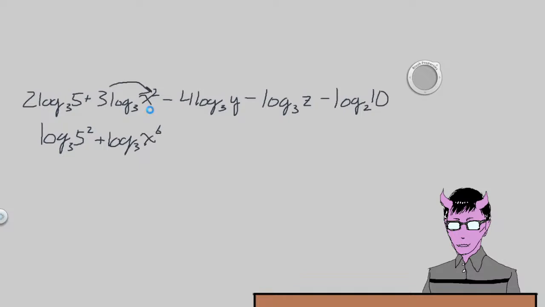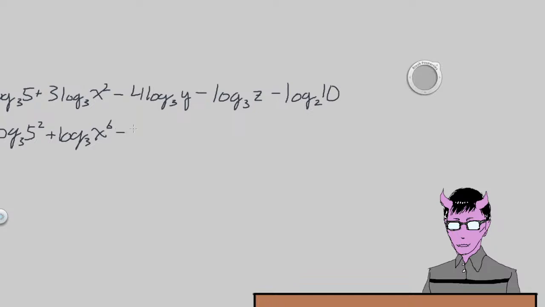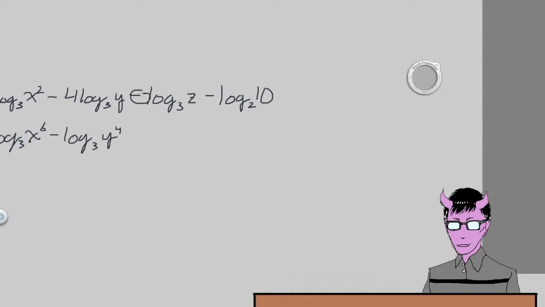Distributive property of exponent, not adding. And then we're going to have a minus, take the 4, move it back up there. Log base 3 of y to the power 4. This is, yes, that's an exponent, negative 1 exponent. So once you take that negative exponent and you put it up front, there's still going to be an operation sign of plus.